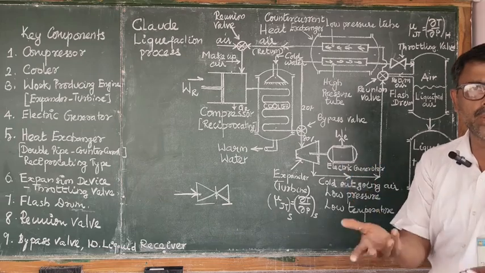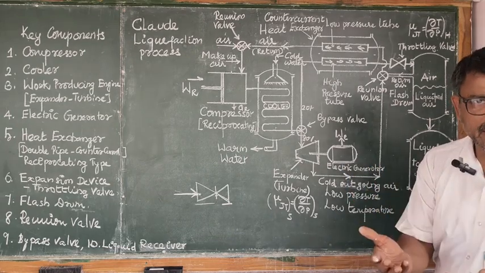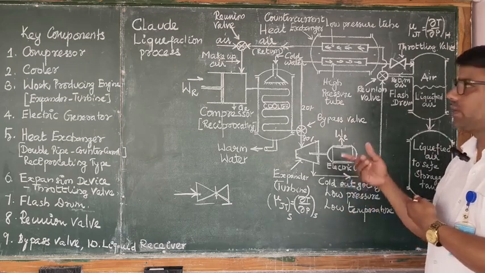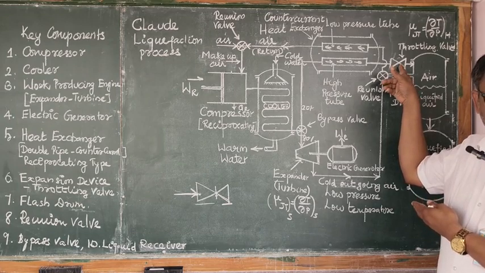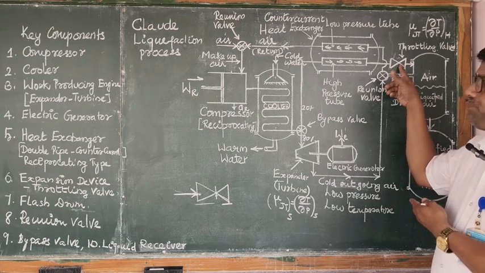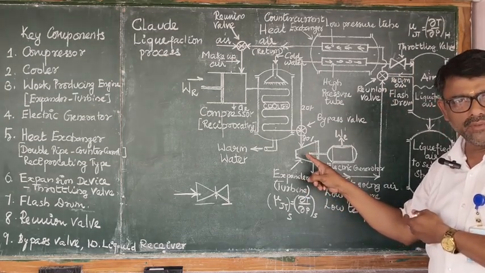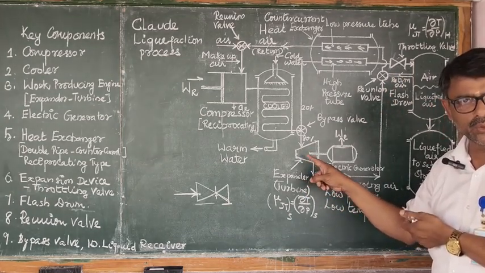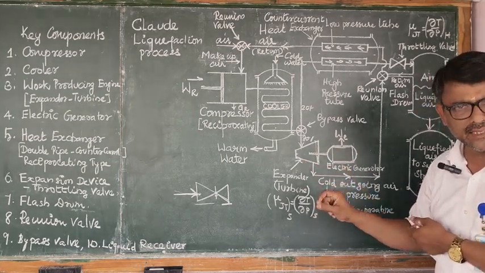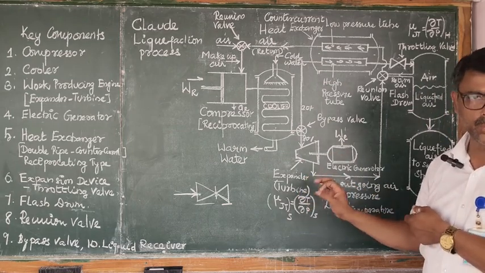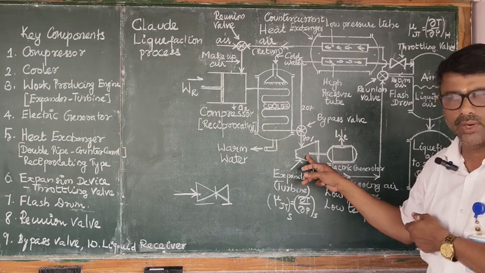In the isentropic expansion, the heat energy is completely utilized to perform work. So this method is called the external work method of cold production.